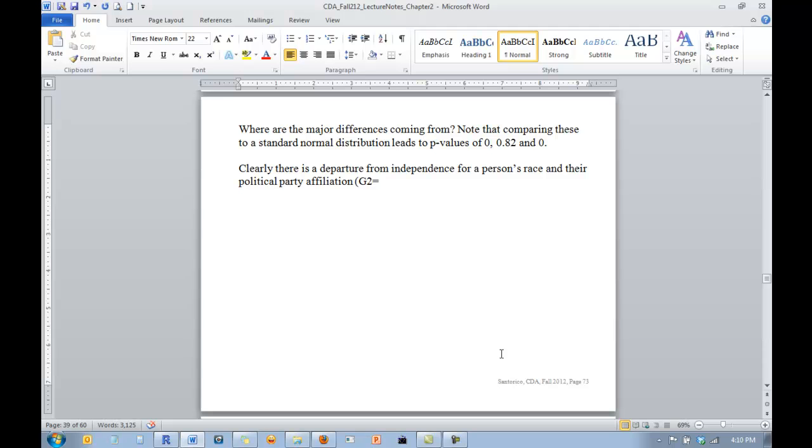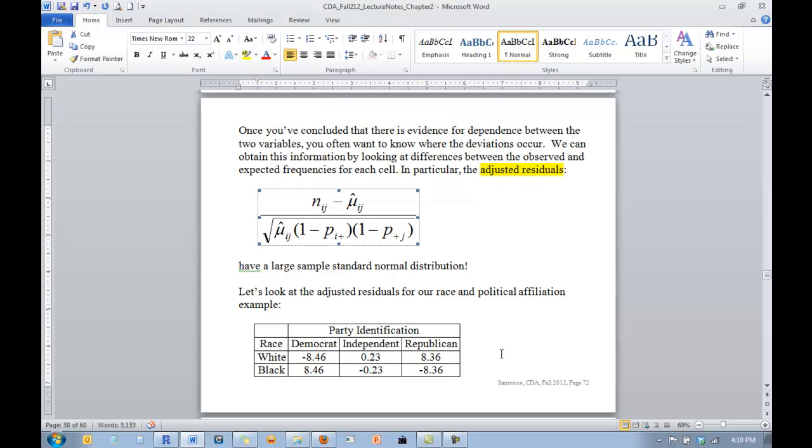You might want to put one of the statistics. So G squared was 90.33 with a p-value of essentially 0. And you could also put your chi-square test in there as well. And then you could say in particular, we saw that the number of white Democrats is lower than expected.